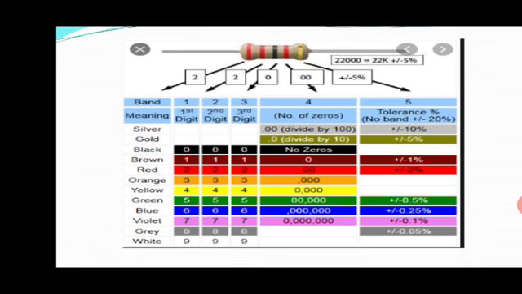Now, as I told you, sometimes there are only three lines on the resistor. Don't try to forcibly insert a number of zeros. For example, here the fourth line is not there.